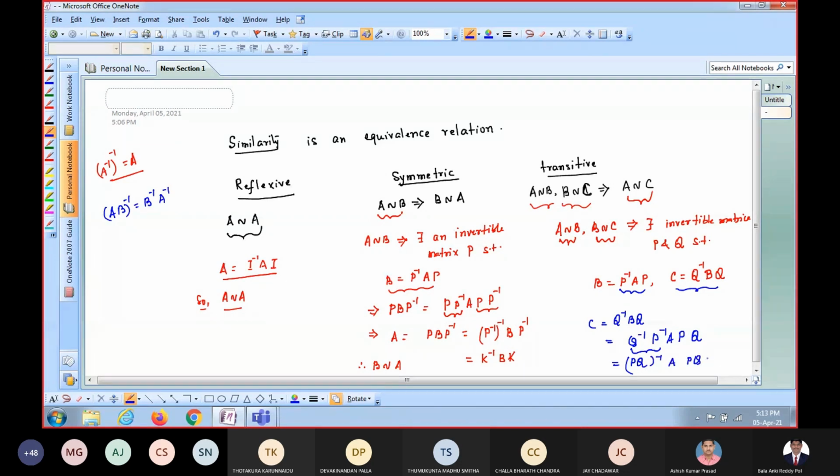I take PQ as K, so it becomes K inverse AK. So A is similar to C. From what has been done, it is clear that A is similar to C. So all the three properties, reflexivity, symmetry, transitivity, are satisfied. So similarity is an equivalence relation.